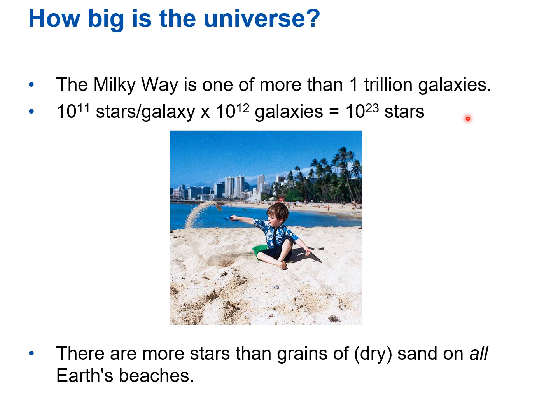So 10 to the 23rd power means a 1 with 23 zeros after it. It is a tenth of a trillion trillion. There are more stars in the universe than there are grains of dry sand on all of Earth's beaches. So the universe is huge.